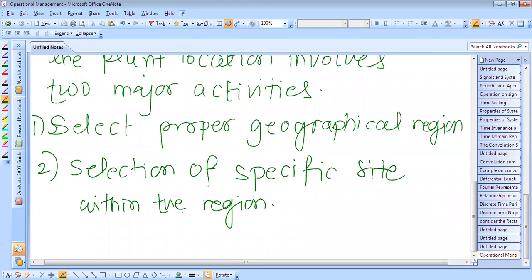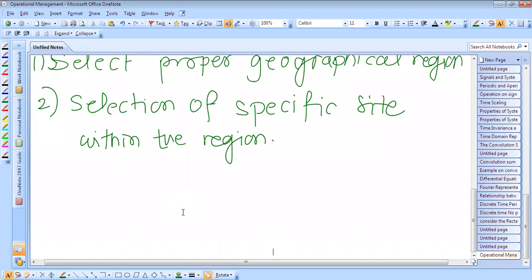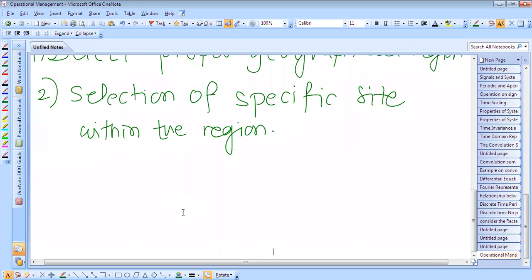First, getting suitable raw materials, whatever we require for the plant, which should be very near to the plant. Second is processing raw material to finished goods. Once we get the raw materials, we process them and produce the finished goods. And third, the finished products distribution to the customers. All these points we have to consider in the design of the production systems.